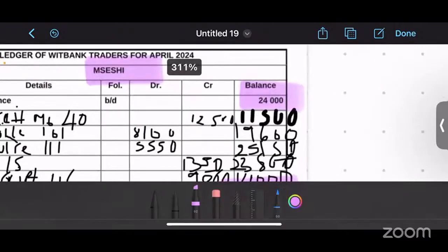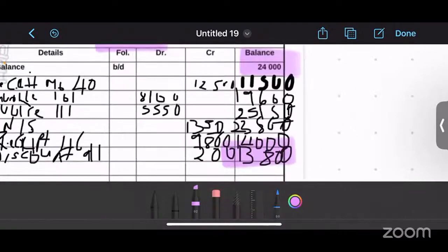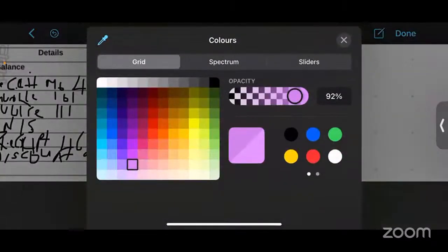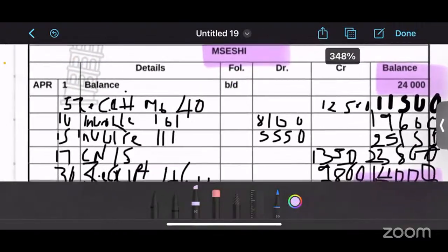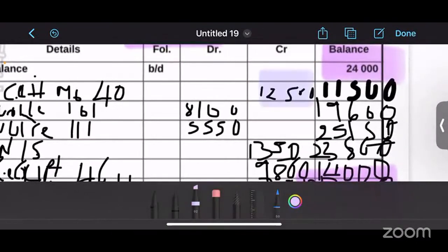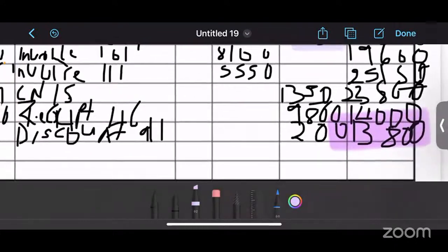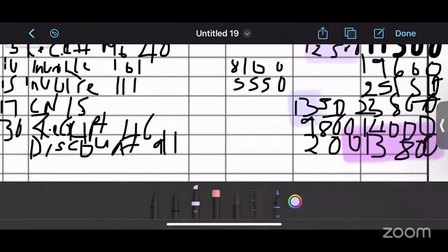So now we're going to go here to try to check if this person paid the 24,000. Let me try to use a different color for this. Let's use this purple.